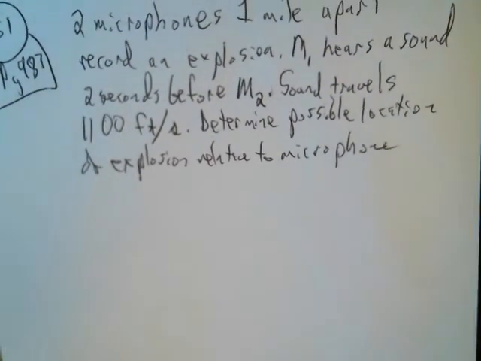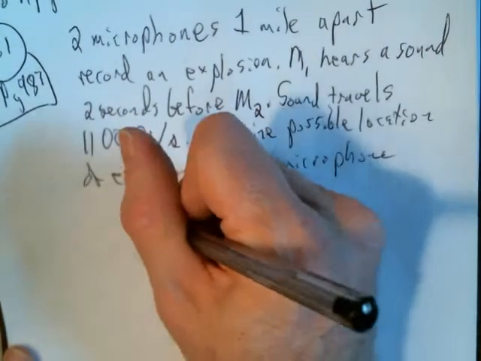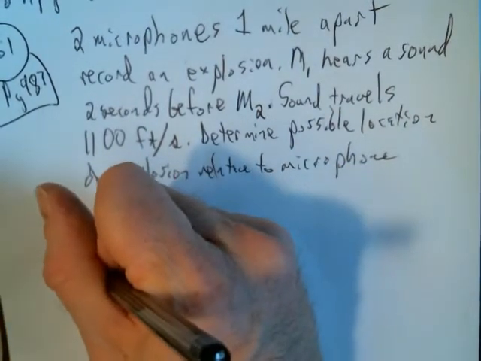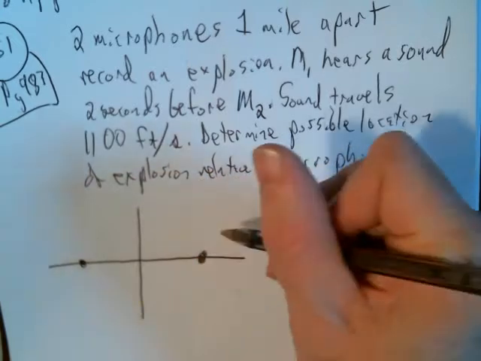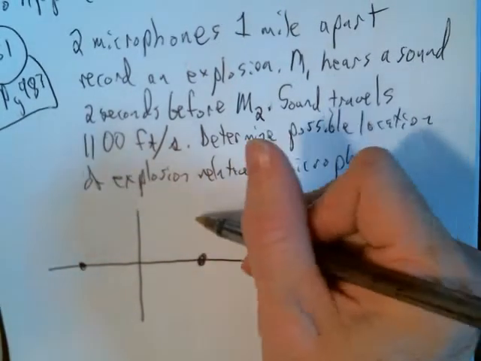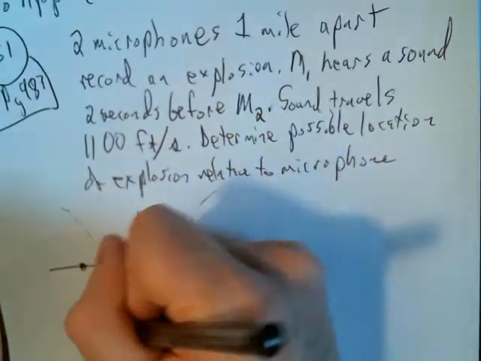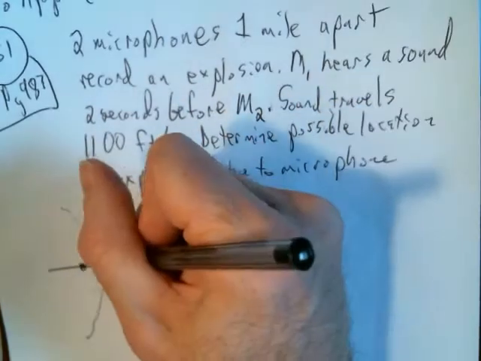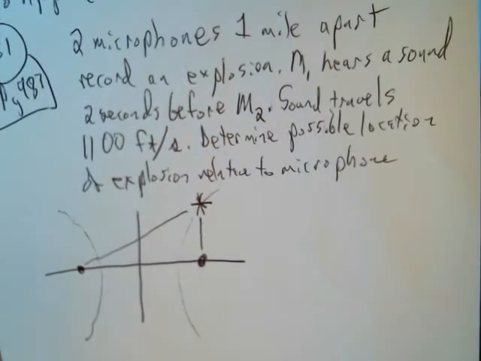Let's go ahead and do a schematic diagram to start with. So we have 2 listening posts, and we're going to pretend the listening posts are the foci, all right? And then the foci are hearing this explosion somewhere. Let's pretend it's right here. And they hear the actual explosion at different times.